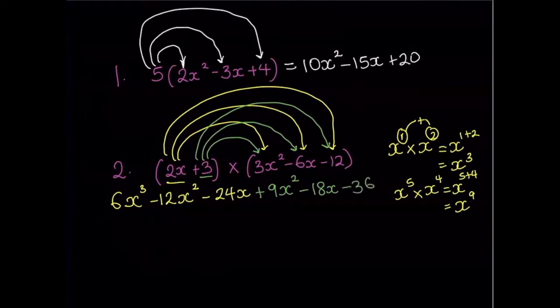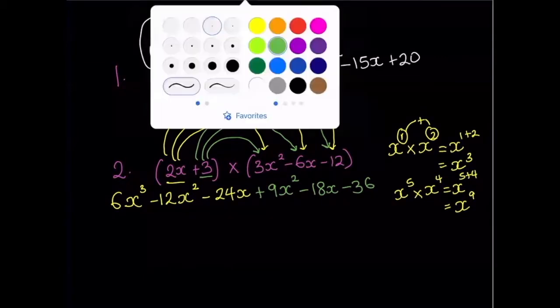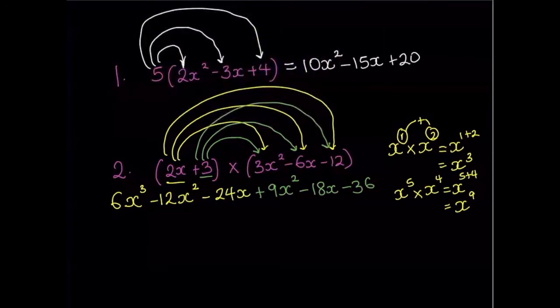And now we can just do what we did again with addition. So we're going to group like terms and then we're going to simplify, okay? So x to the 3 is the only term that has x to the 3. So that just stays by itself. So we can just do 6x to the 3. You have minus 12x squared. And then we have another term that has x squared. So we do 9x squared. We have minus 24x.